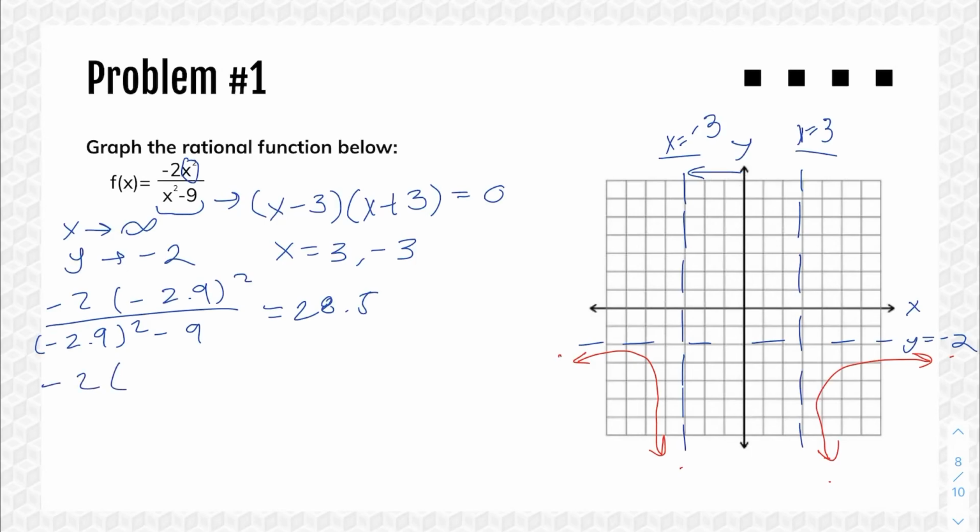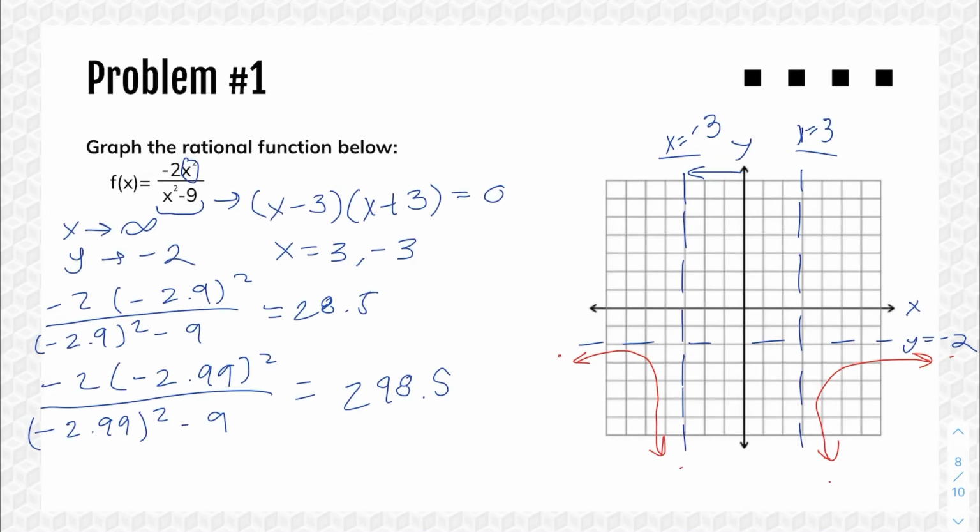To get closer to -3 from the right direction, let's use -2.99 squared over -2.99 squared minus 9. This will get us 298.5. Now what this shows is that as x approaches -3 from the right direction, y actually approaches infinity.